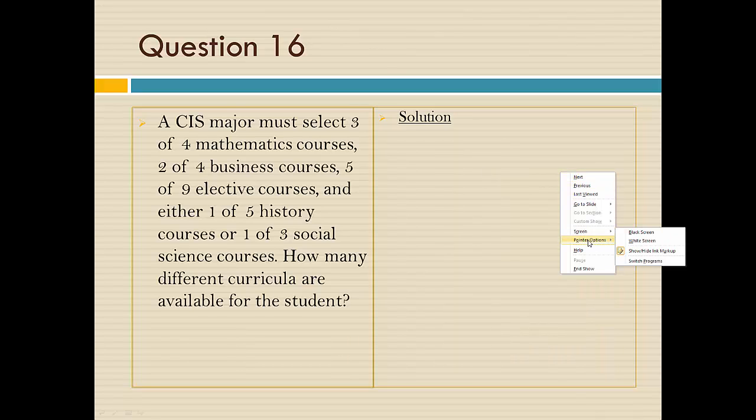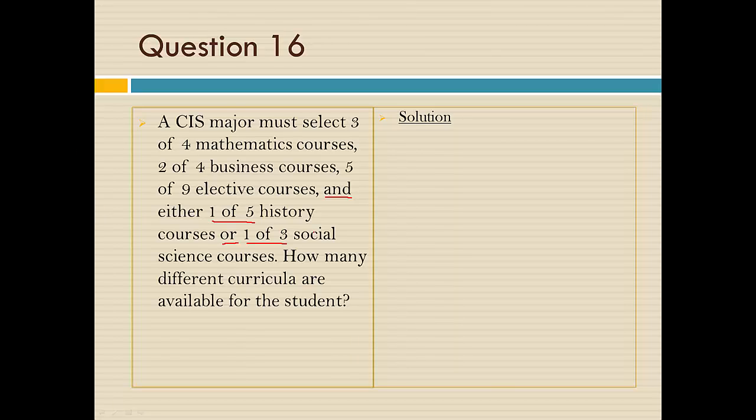This is the bone of contention here, or the keyword here: either 1 of 5 this or 1 of 3 this. So you have that it must select 3 of 4, which is 4 combination 3, times 2 of 4, which is 4 combination 2, times 5 of 9, which is 9 combination 5.